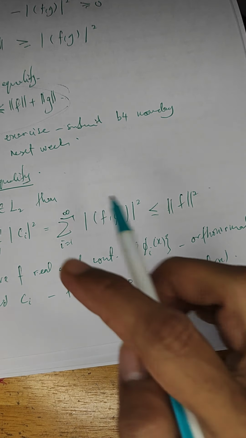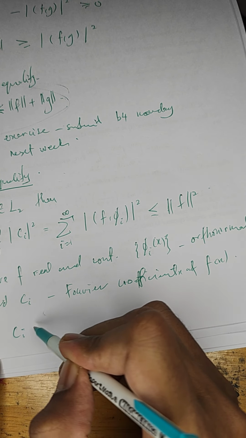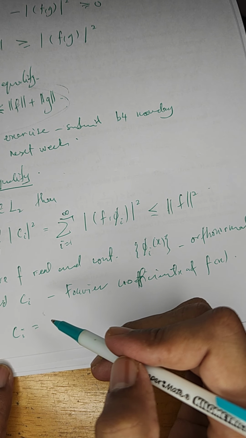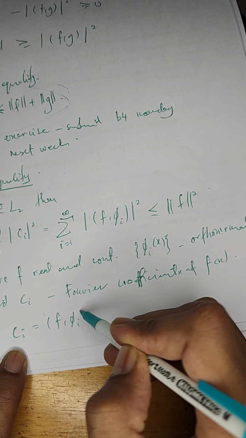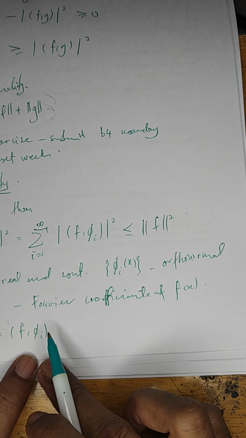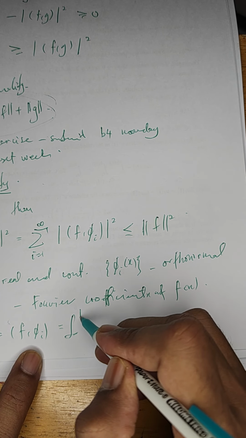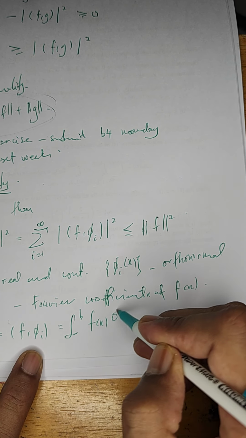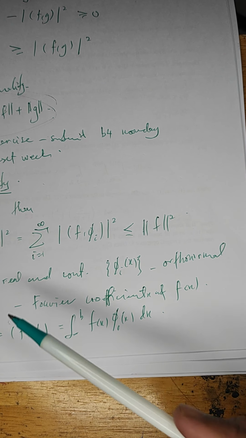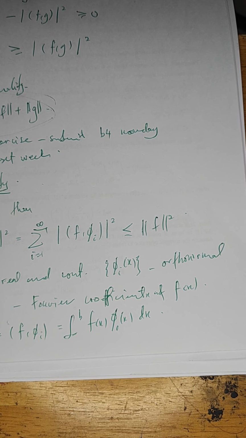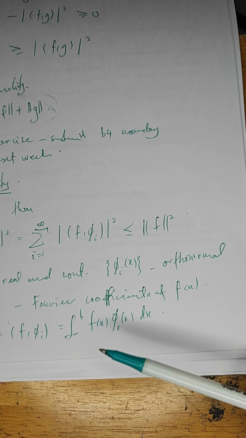Define the Fourier coefficient c_i as the inner product of f and phi_i, which is the integral from a to b of f(x) phi_i(x) dx. With this, we call it the Fourier coefficient of f(x) with respect to the system phi.